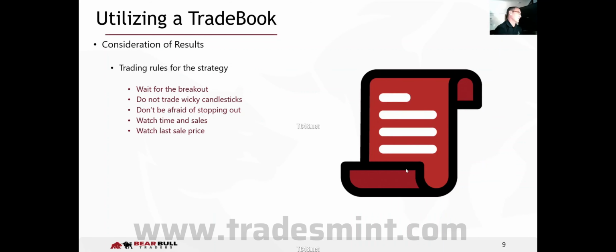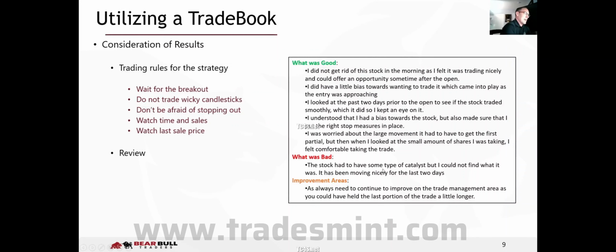As you notice, I forgot to pay attention to that unknown news catalyst. What was bad is that stock had to have some news catalyst, because if you remember, it gapped up 13.8%. But I didn't go and find out. I didn't do enough research to find out what that news catalyst was. And depending on what it was, it could have hurt me when I ended up trading.